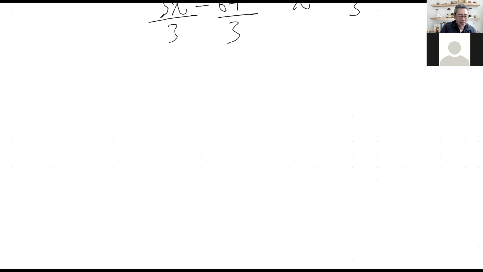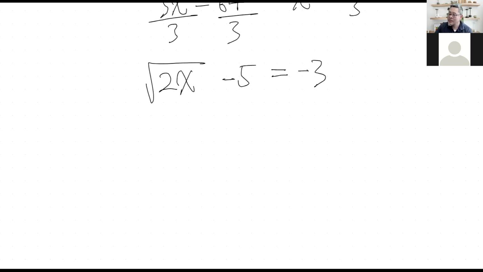Let's try the square root of 2x minus 5 equal to negative 3. And that's what you got. x equals 2.